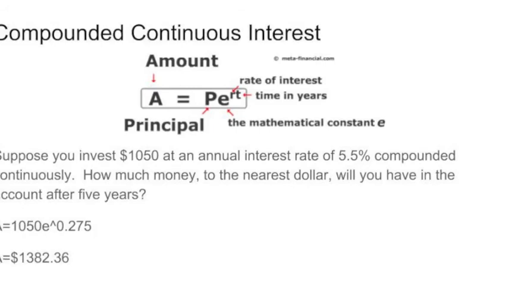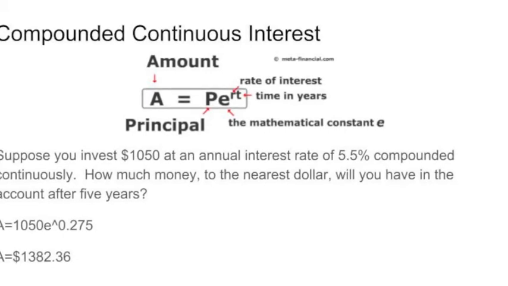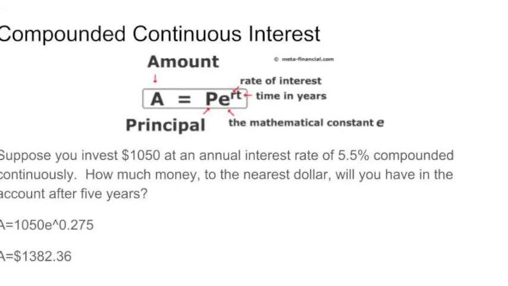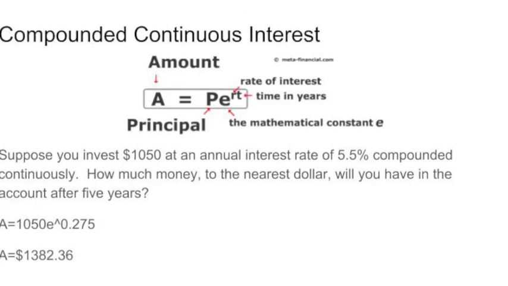Okay, there's something called compounded continuous interest. The formula is there. A equals P times e to the power of rt. Again, that A for the amount can be replaced with the y, and the P can be our typical a value, our initial amount. Now e, this might be new, especially for those of you not in chemistry. e is a mathematical constant.